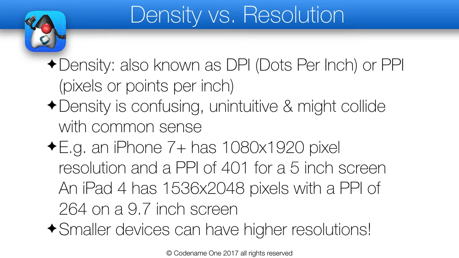So first, density is the dots per inch, or the points per inch, or the pixels per inch. It's essentially how close the pixels are to one another. If you take an inch, for instance, from an iPhone 7, and you look at it, you can count literally 401 pixels if you have a big magnifying glass or something.